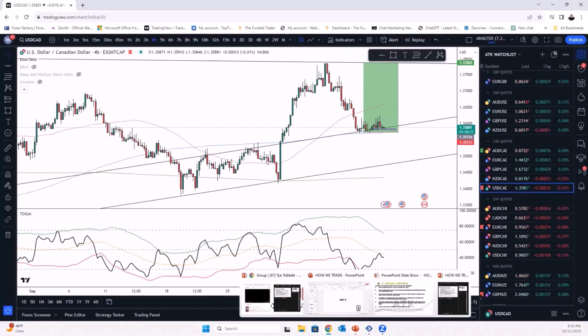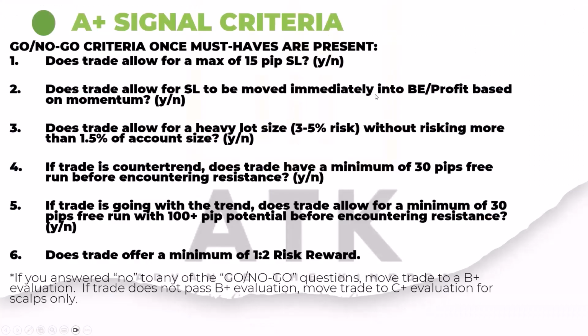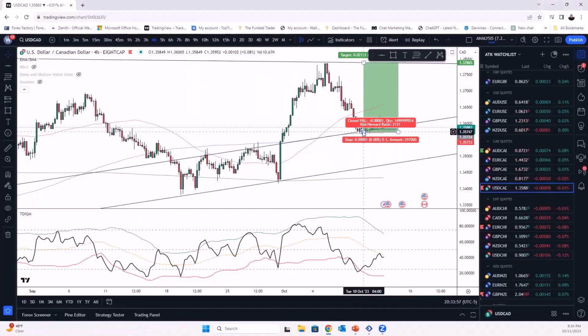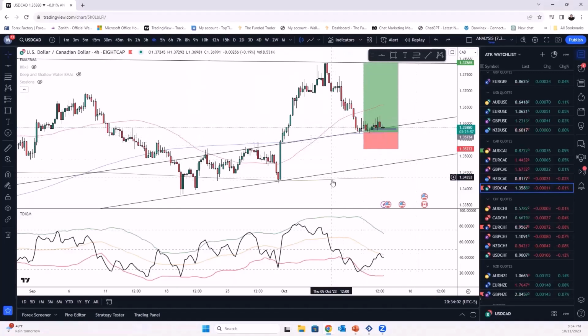So what we're looking for on an A plus, does it allow us to do that early? And then does the trade allow for a heavy lot size where we can risk heavy without risking a large part of our account size? And then if it's a counter trend trade, do we have 30 pips of free running room before we encounter resistance? And so just as the trade is working for us here, there's also things that will work against us.